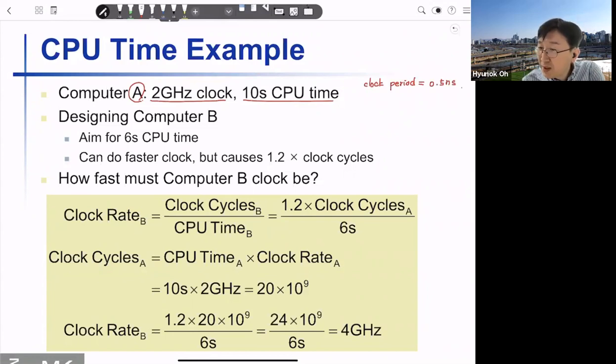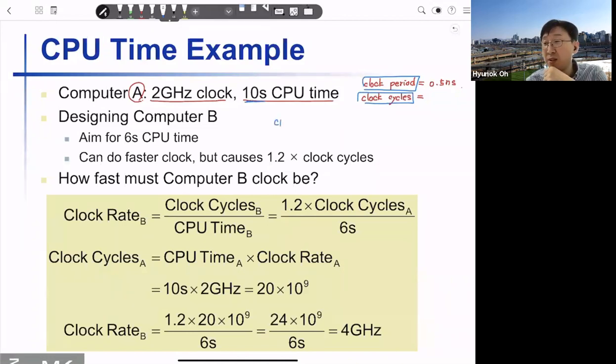Then to complete this program on computer A, how many cycles do we need? What's the clock cycles? Simply, we are multiplying these two terms, and the result should be 10 seconds.